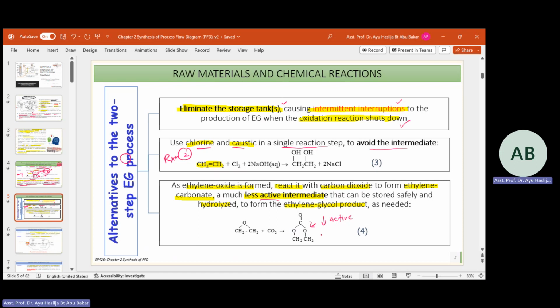Another intermediate then reacts further to form ethylene glycol.